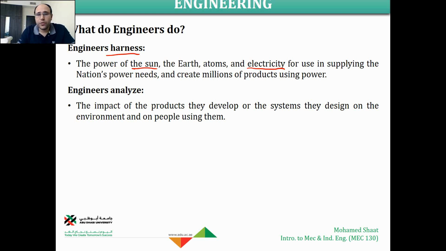Atoms, the movement of things inside the atom, the movement of the atom itself, is also one of the concerns, and it has some energy, and there is development and research on this part to harness the energy inside the atom itself for supplying the nation's power needs and creating millions of products using power. So this subject is related to power engineering. This is some of the concerns of power engineering.